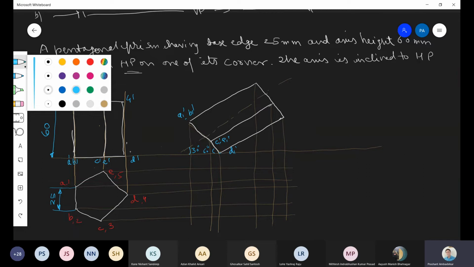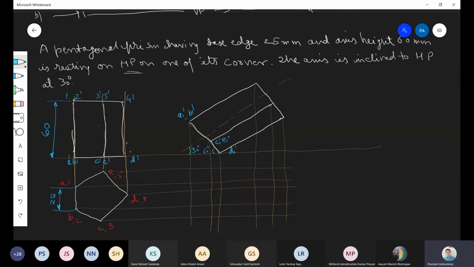Now understand the naming first here. What will be this? This will be 1 dash, 2 dash, then 3 dash and 5 dash, comma, in between if you want you can give, and 4 dash. Now all of you will pay attention here. A1 we have here, A we have here. So A is here and A is here. So this point will be A1. Similarly, we have B on this line, and we have B on this line.